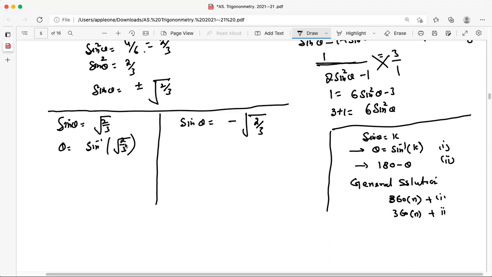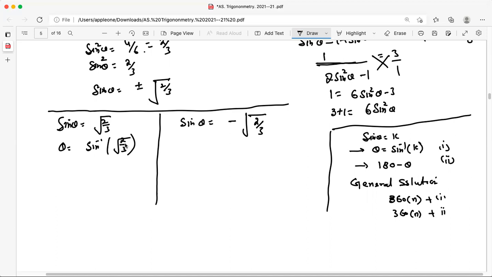It's in radians, so I will shift it to degrees because the question is asking for degrees. That's a very important thing. The question is asking for degrees, give the answer in degrees. If the question is asking for radians, give the answer in radians, and convert the calculator to radians or degrees. That's very important.